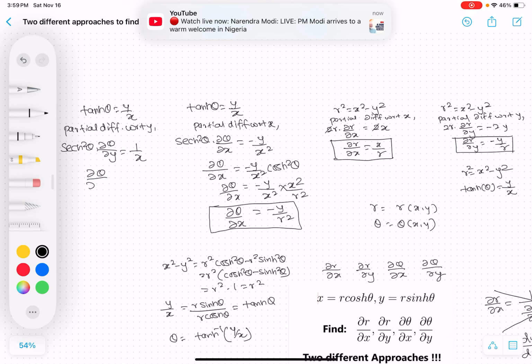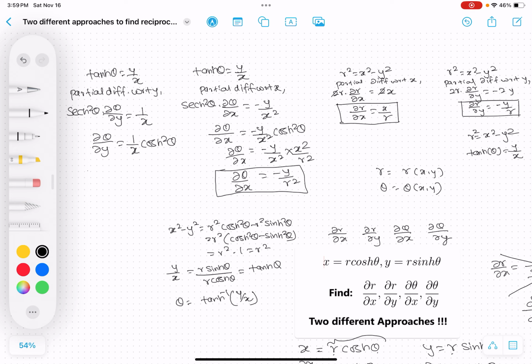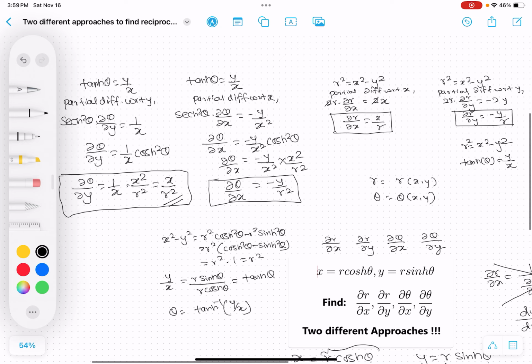So partial theta by partial y will just be 1 by x times cosh square theta. Now cosh square theta is x square by r square, so this will just be x by r square, right? Yeah, that's the answer.